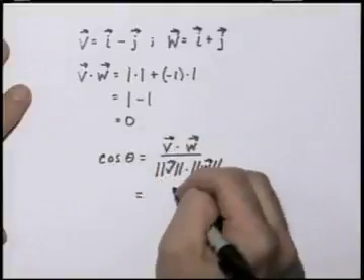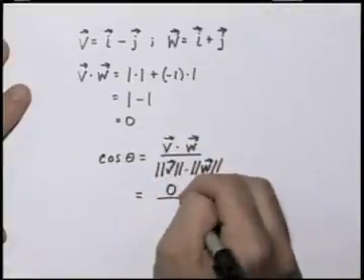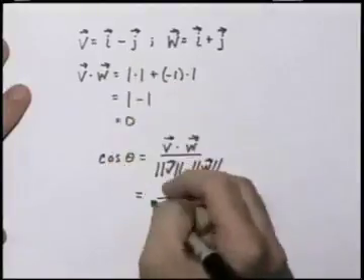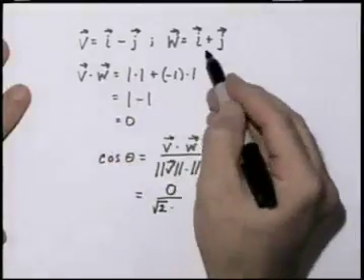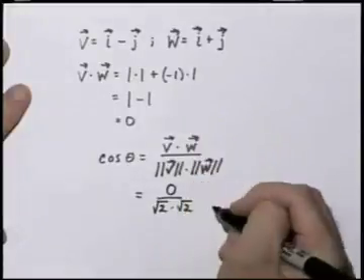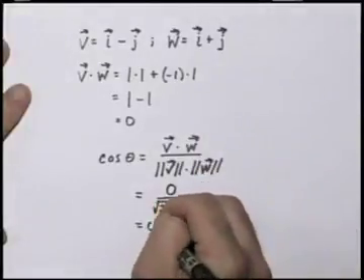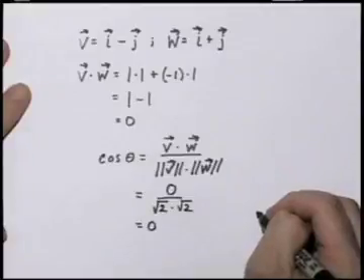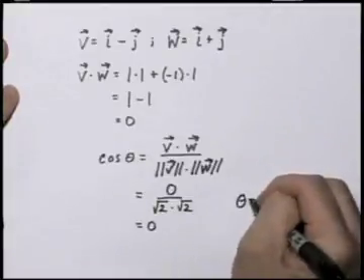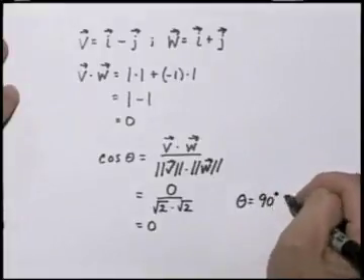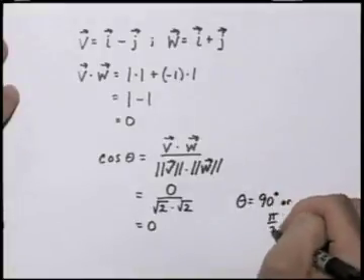Well, we just found v dot w to be equal to 0. The magnitude of the vector v is going to be the square root of 2, and the magnitude of the vector w is also going to be the square root of 2. So I have that the cosine of the angle theta is 0, which means that the angle theta is 90 degrees, or pi over 2 radians.